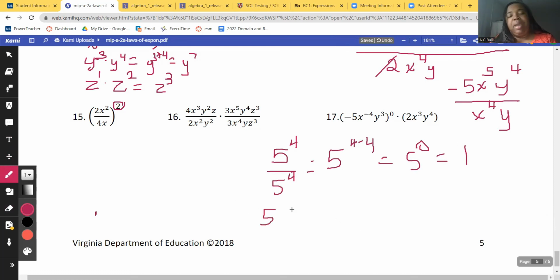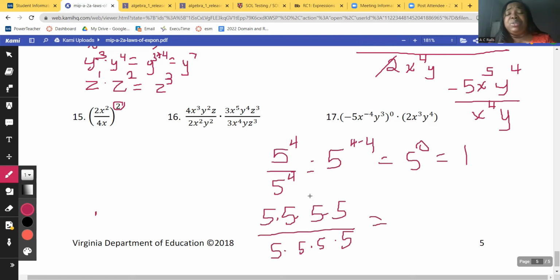If we were to expand that, 5 times 5 times 5 times 5 divided by 5 times 5 times 5 times 5, we would get this huge number. That huge number divided by the same huge number would be a 1. And what happens is if you're canceling these, they're not canceling to become zeros. They're canceling to become 1.